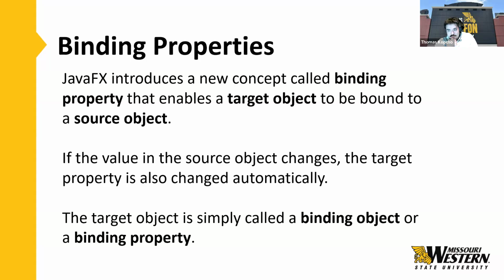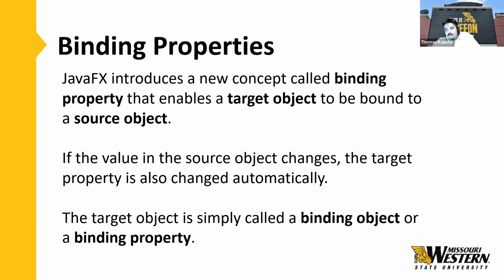Whenever the source property changes, the target property updates automatically, eliminating the need for manual listener code to keep values in sync. Why binding is useful is because you get those automatic updates. If you had a variable like a text field's value that needs to stay consistent with another, like a label or a computed result, the binding ensures that the changes are propagated instantly.